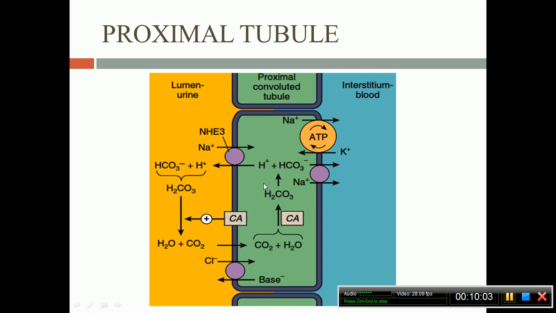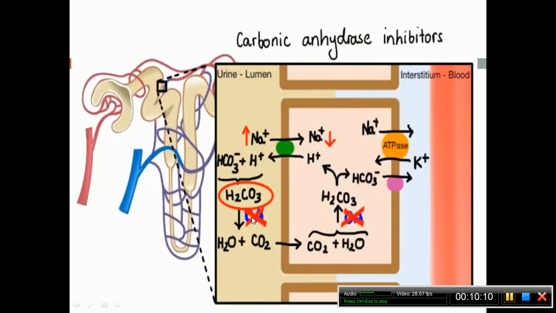So if we block this enzyme here, this will not be transported into the cell, and here the carbon dioxide and water will not be able to form carbonic acid, and carbonic acid will not be able to dissociate into hydrogen and bicarbonate, and ultimately bicarbonate will not reabsorb back into the blood.